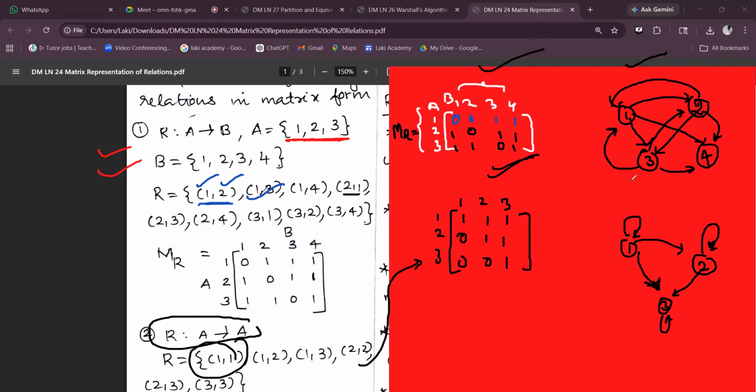Yes, this is called digraph, not diagram. Digraph means directional graph.